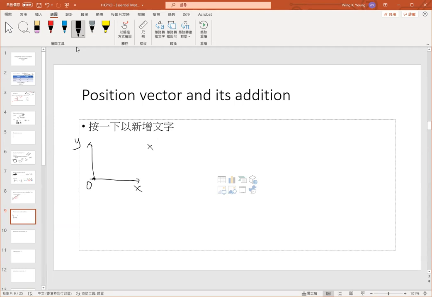Let's say this is point A. So a position vector is just a vector pointing from point O to point A. You can label this vector as vector OA.